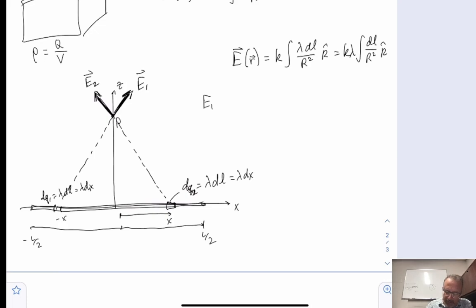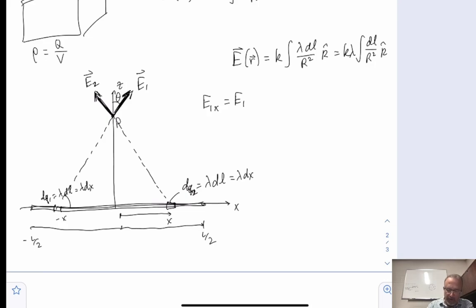So if we look at the x components, let's look at E2x. Okay, E1x, it doesn't matter. That's going to be E1, and then they call this angle here theta. Yeah, theta, right.